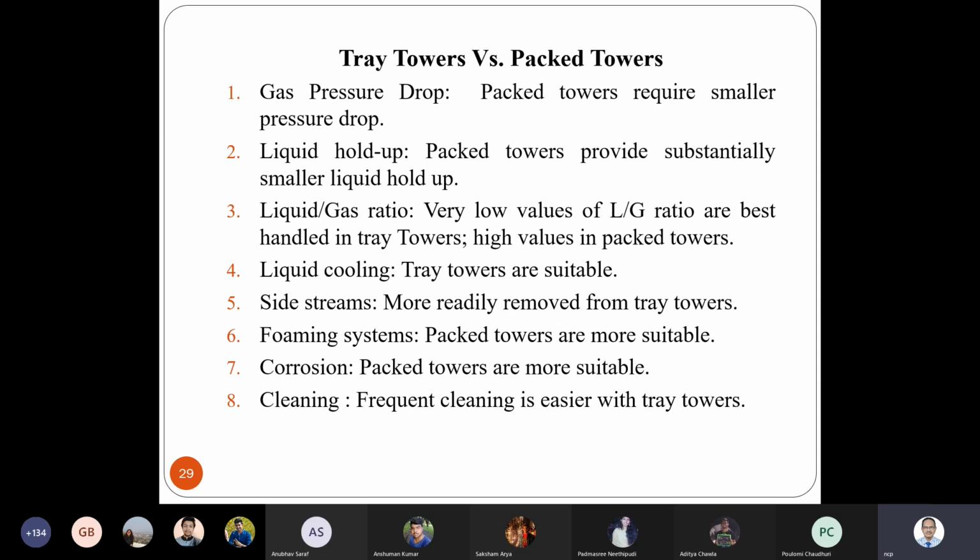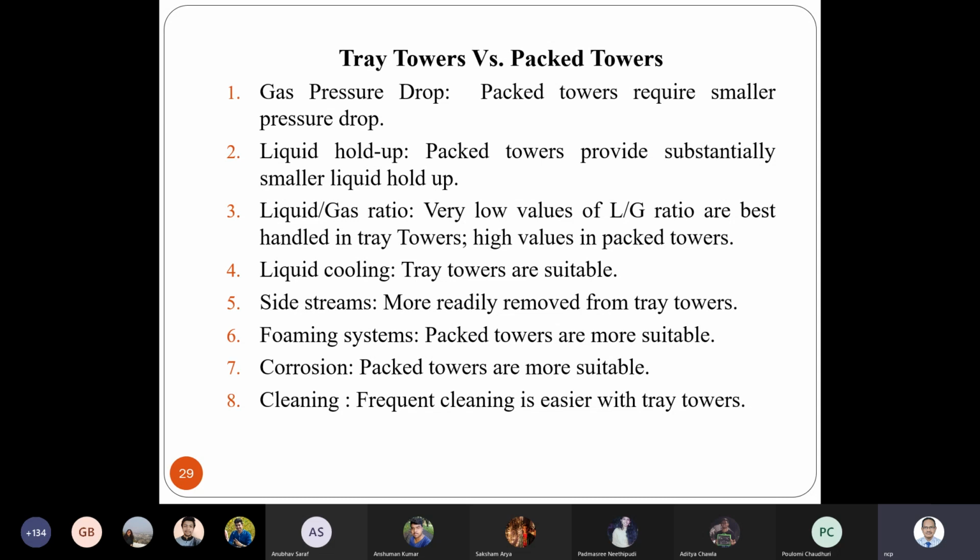Then third point is the liquid to gas ratio, the L/G ratio. Already we have seen that we don't want a very high flow rate for the gas in case of packed towers. So high values of L/G ratio will be easily handled. High L, small G, so L/G is high. High values will be best handled in packed towers.